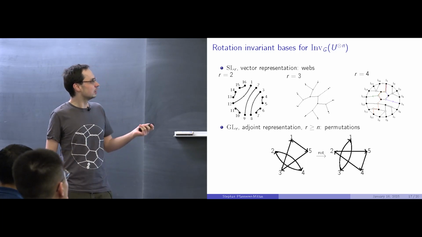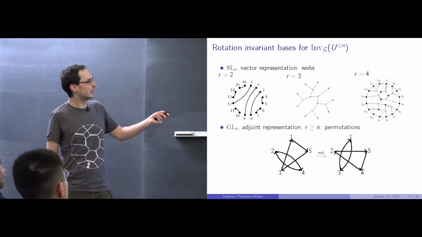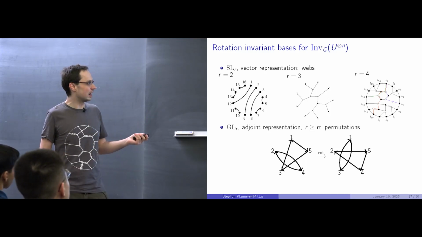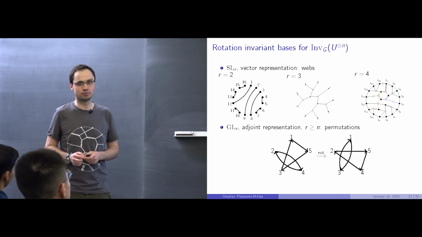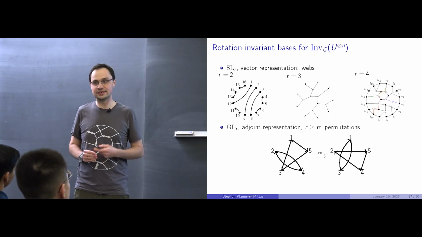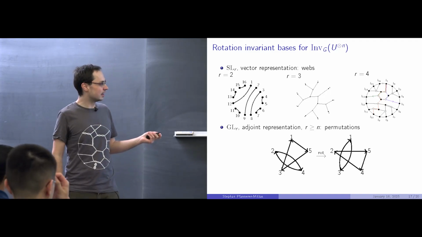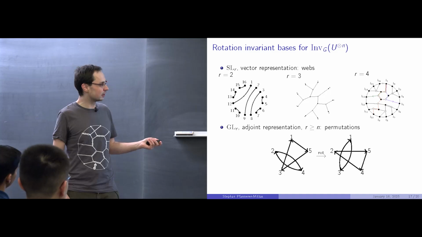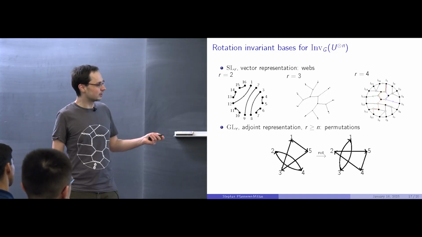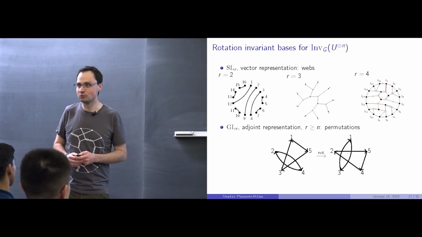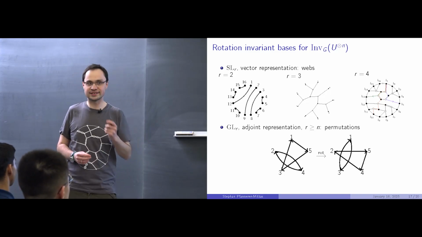It turns out when I have R bigger than n, so R is the dimension here of the vector space, and n is how many tensor factors I take together, that I can use permutations, at least as an indexing set of my bases. And this action of the long cycle then on the permutations, for this I need to again draw my permutations in some kind of chord diagram where I have my vertices 1 to n in a cycle.